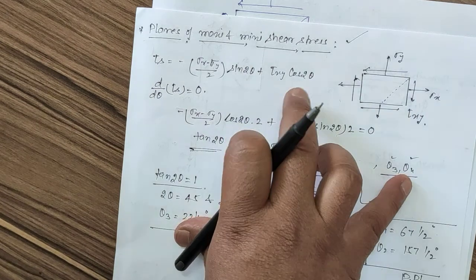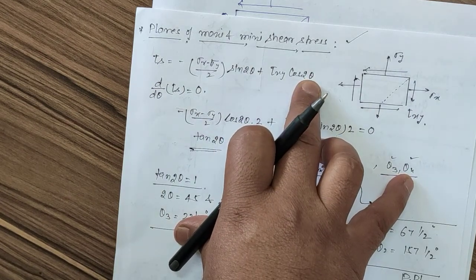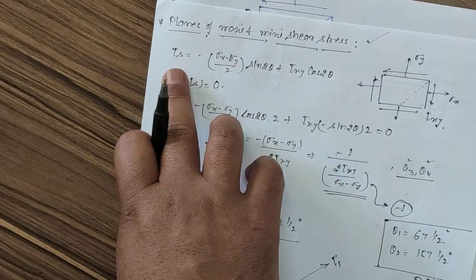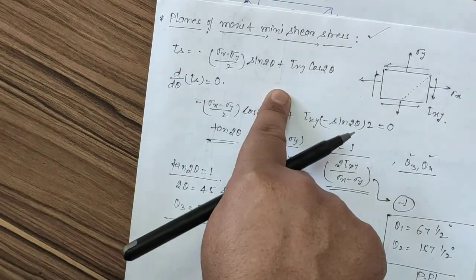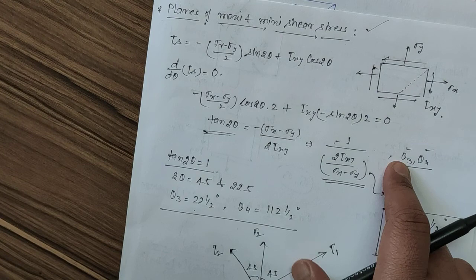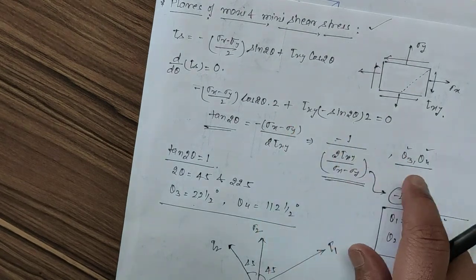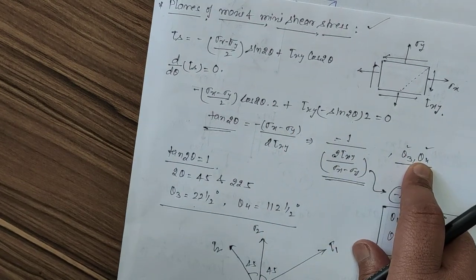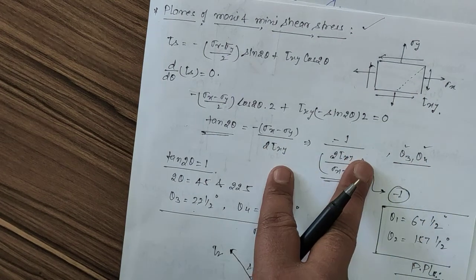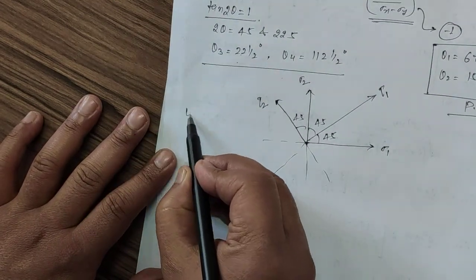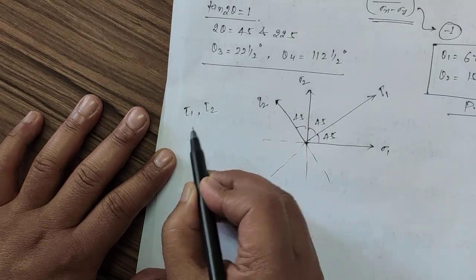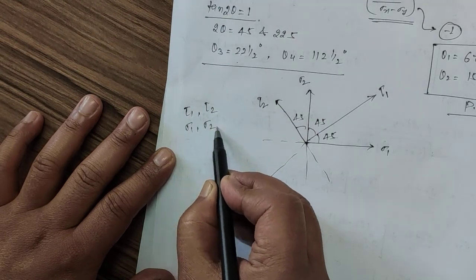By replacing theta with theta 4, we can get tau 2. In the same manner we can calculate the normal stress also by putting theta equal to theta 3, first value, and theta equal to theta 4, second value. So on the shear stress planes we will get tau 1, tau 2 and sigma 1 and sigma 2.